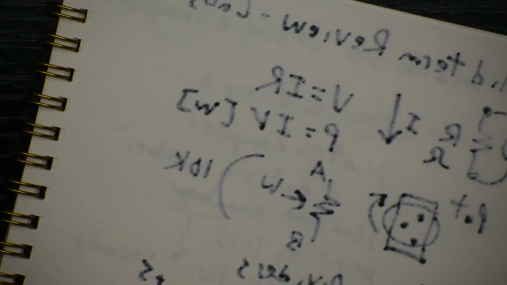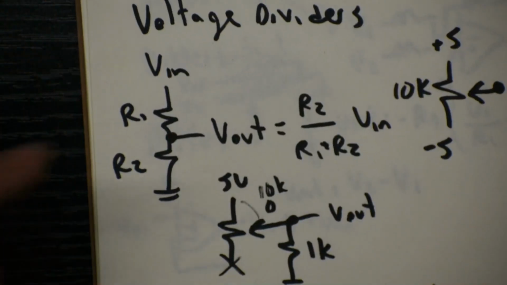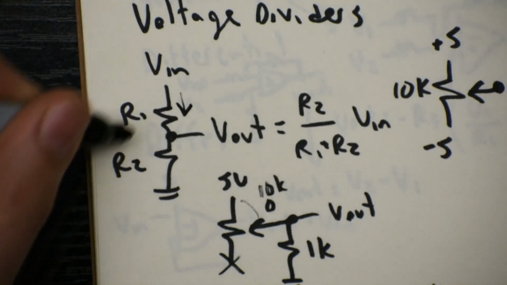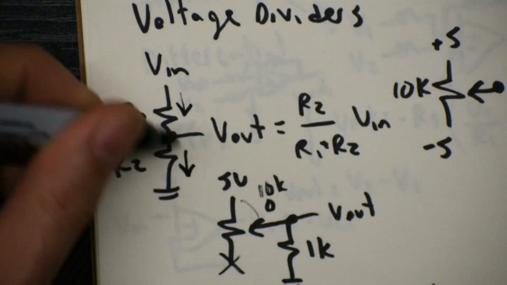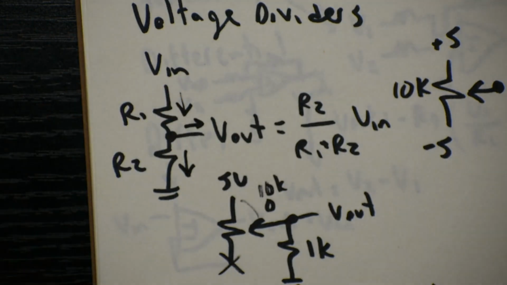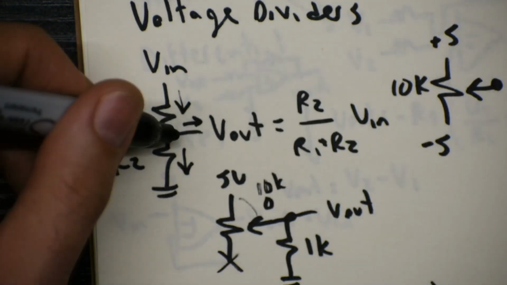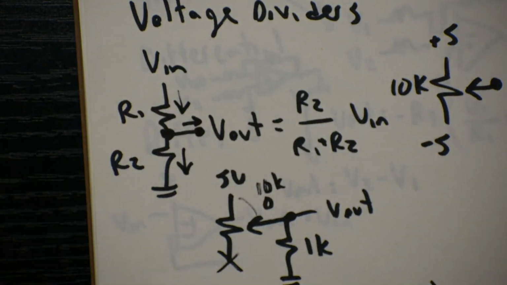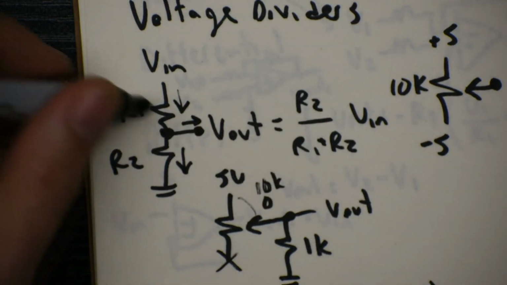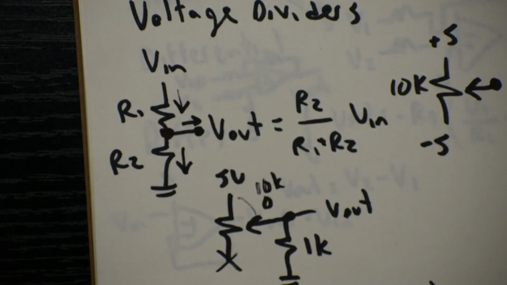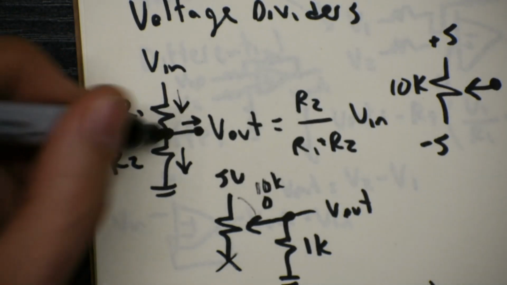Well, when we take a look at our voltage divider, there's only so much current that leaves V in to go towards ground. If we steal some of the current towards V out, this voltage is going to dip. So it's our job to make sure when we take the voltage output of a voltage divider, or really any circuit, because it has an equivalent resistance to it, we don't take too much of that current so this voltage doesn't dip.